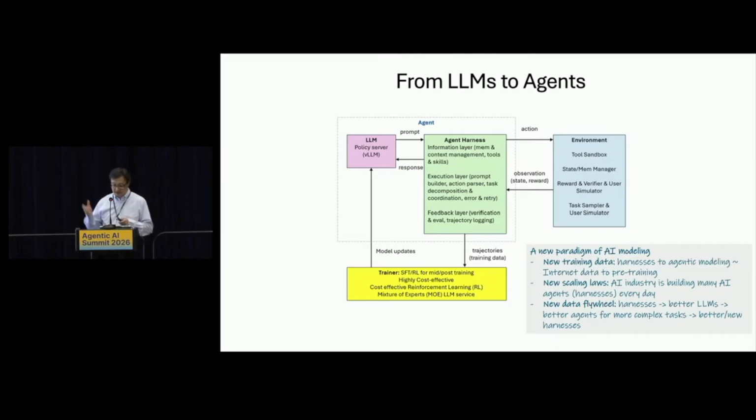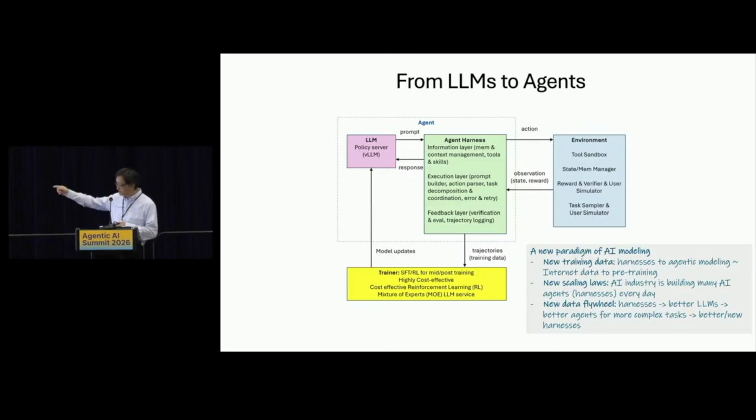For example, the information layer consists of the memory and the context management, and contains a lot of tools and skills for the language model to call. The execution layer consists of a prompt builder, action parser, task decomposition modules, and some error recovery mechanisms.